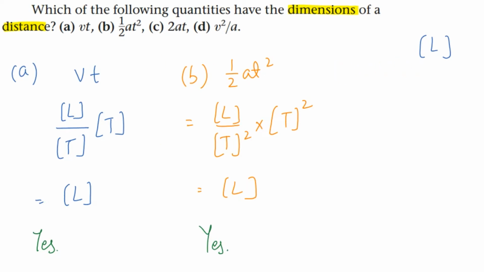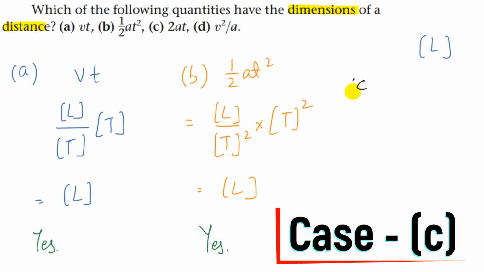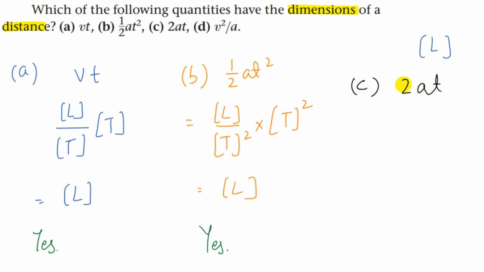Now next we're going to discuss the C part. So C we have 2 times a t. So 2 doesn't have any dimension, so as it is, acceleration is length over t square times t. Now this would be equal to L over t.